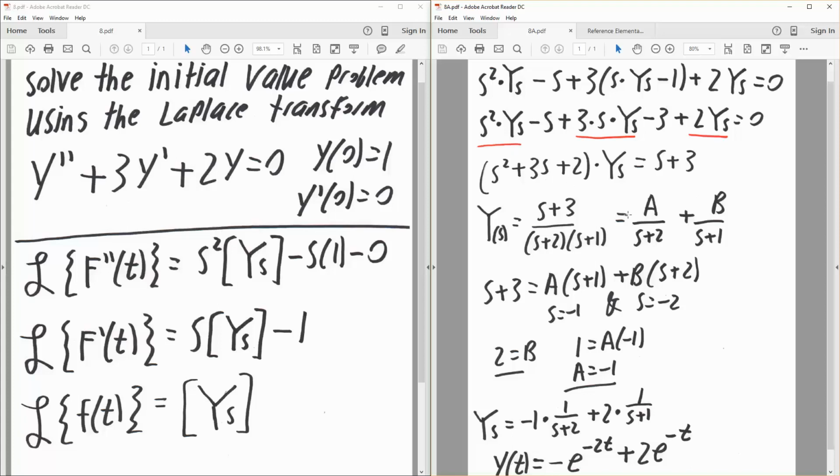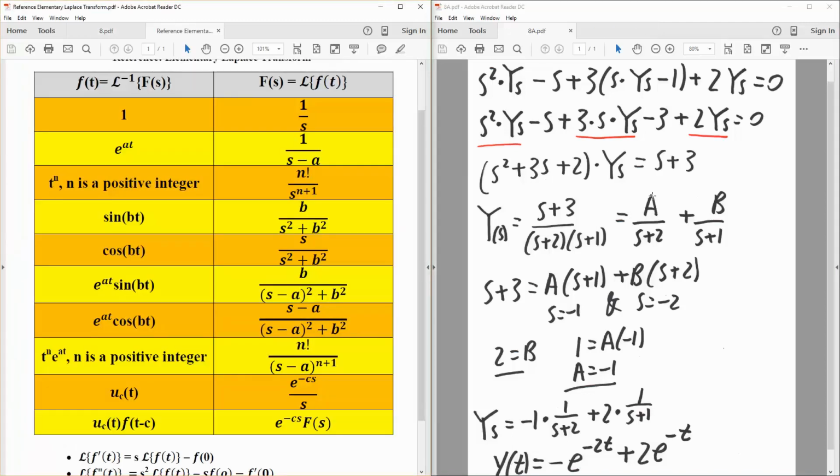Now we'll say that this is equal to A divided by s plus 2, plus B divided by s plus 1. The reason we're doing this is because we want to get something in this form, which is very close to s minus a, so s minus (minus 2) and s minus (minus 1).